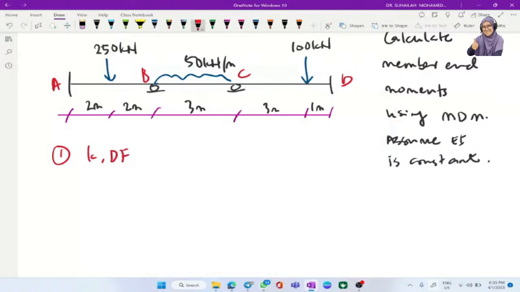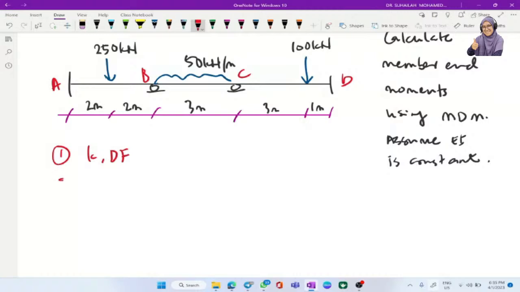K is member stiffness, and then total K, and then we calculate the distribution factor. Distribution factor is K divided by total K, or member stiffness divided by joint stiffness.